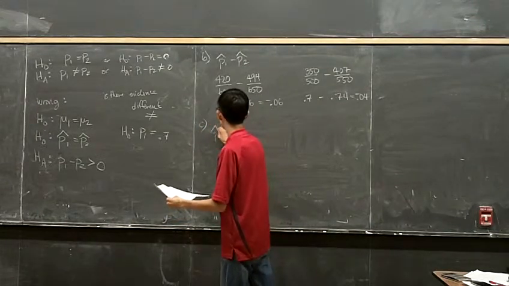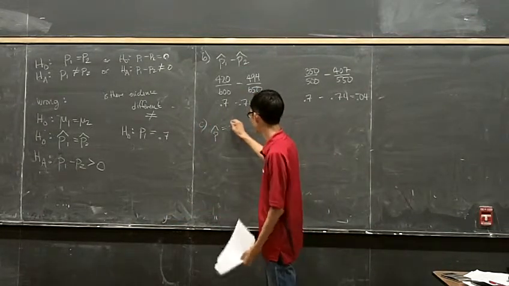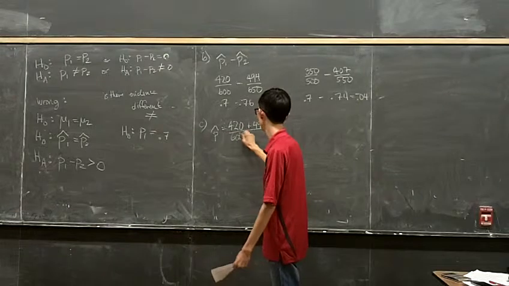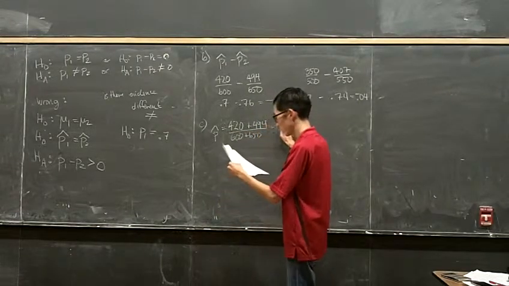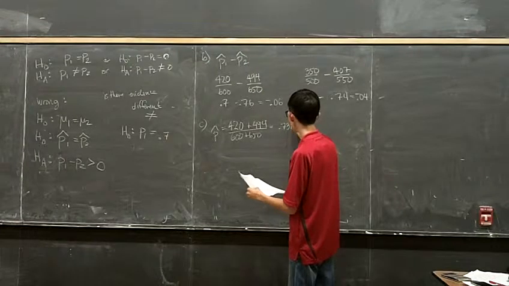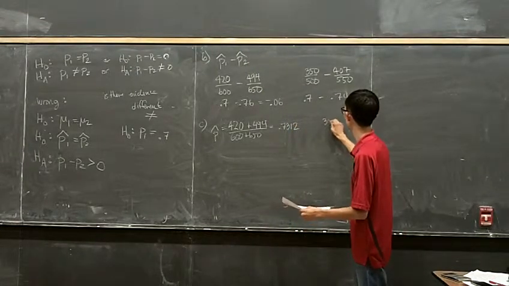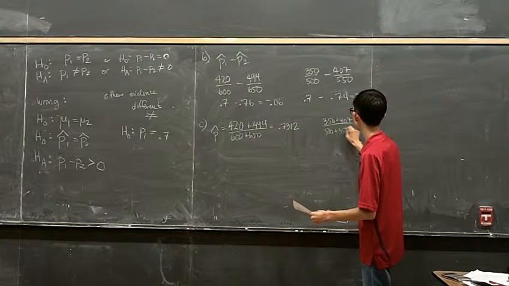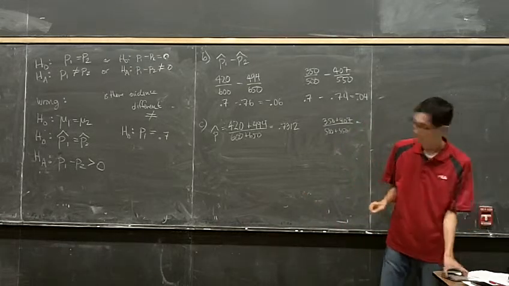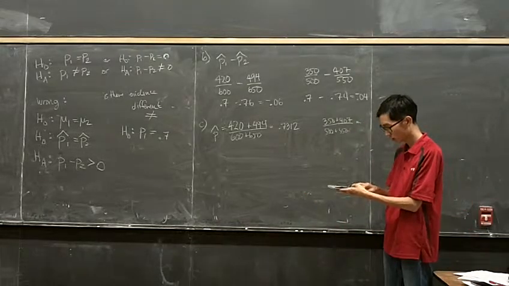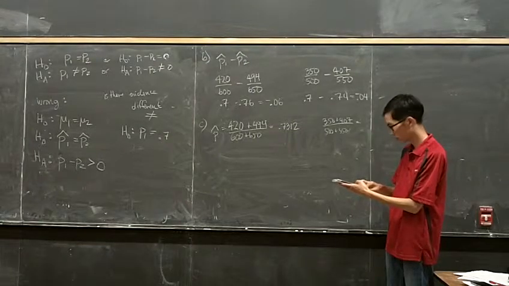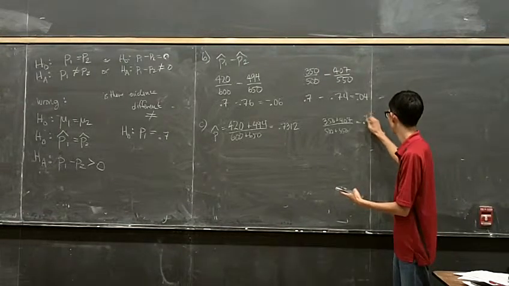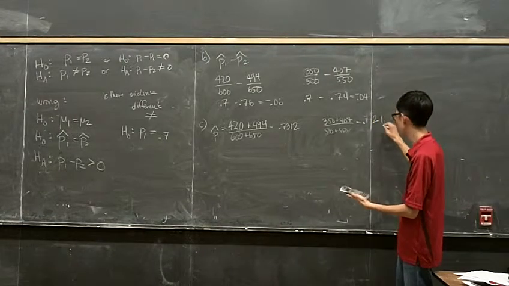Okay, so p hat: you add the total number of successes, so 420 plus 494 divided by 600 plus 650, and you get 0.7312. And then the other one, you do 350 plus 407 divided by 500 plus 550, and you get 0.721.